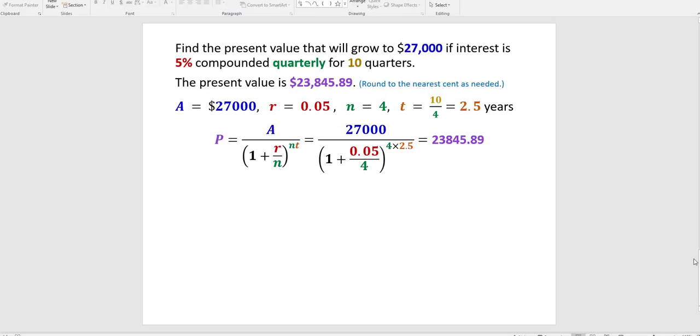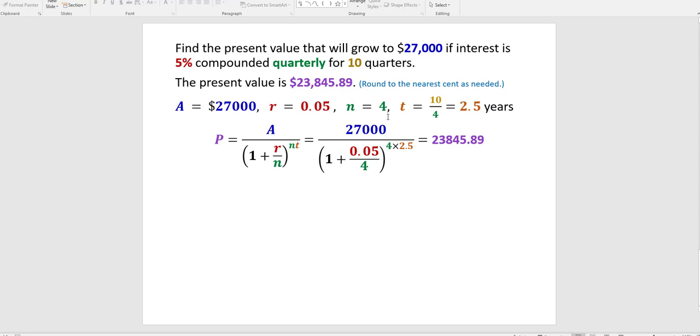When calculating present value of an investment, we use the compound interest formula to solve for P. Here, A equals 27,000, R equals 0.05, compounding quarterly gives us N equal to 4.